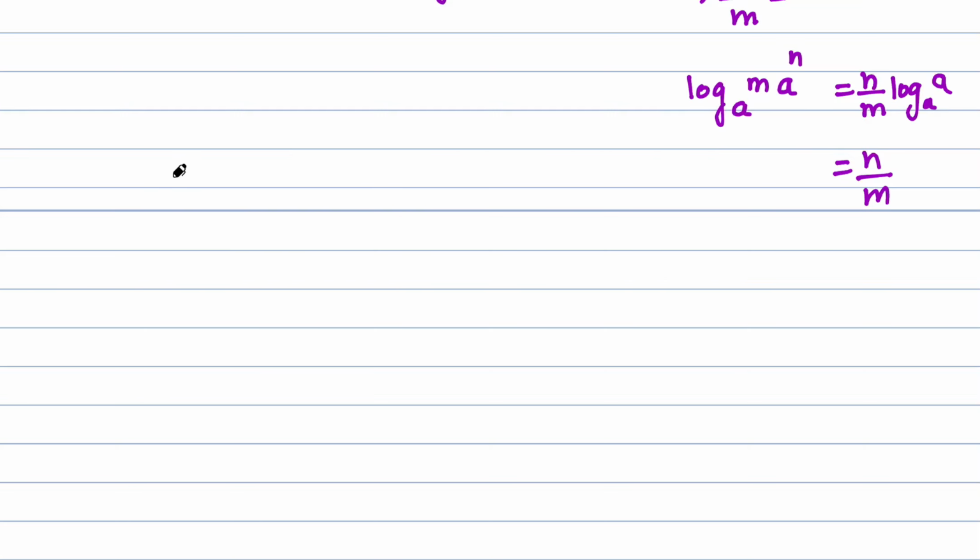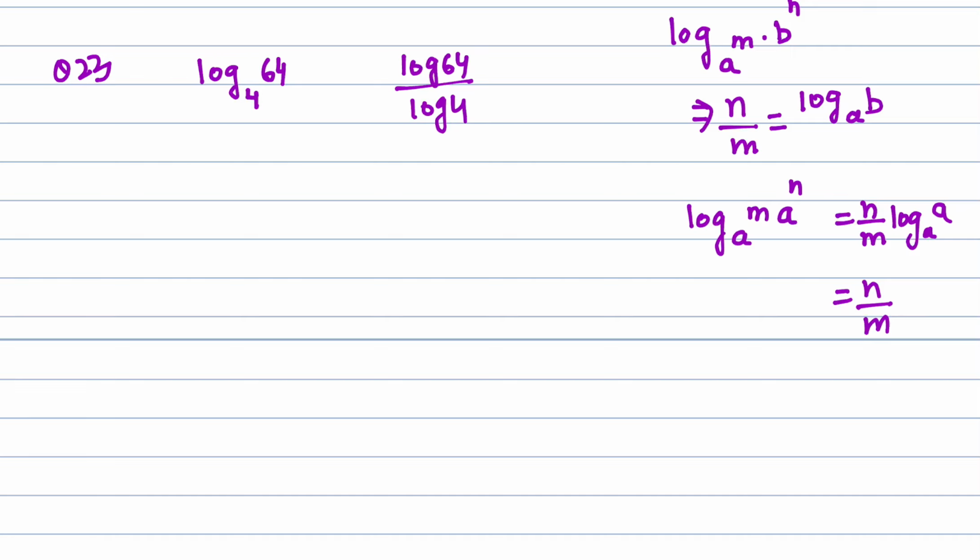Let's see some of the questions. I have to solve it. So I can write 4 as 2 squared. And what is 64? I can write 64 as 4 cubed, right?